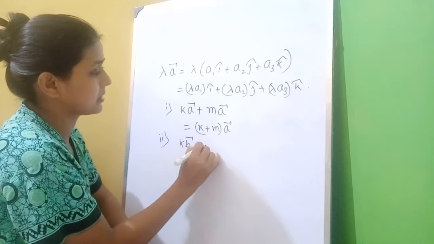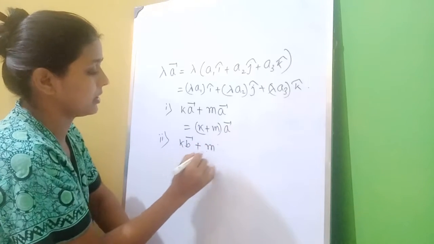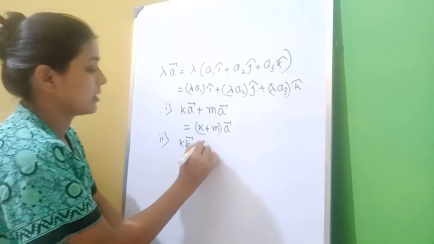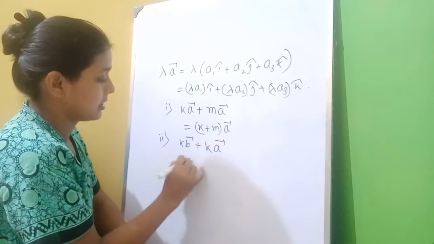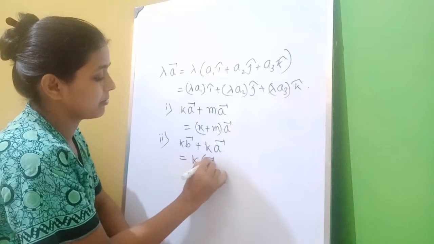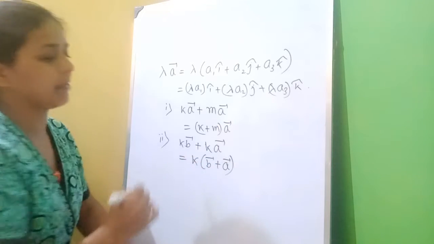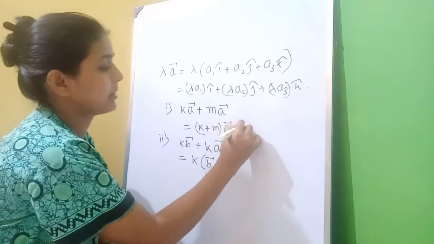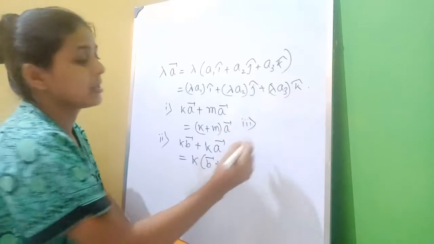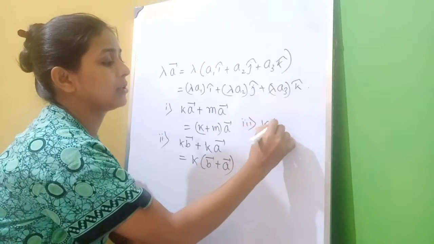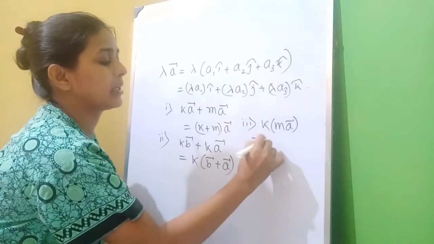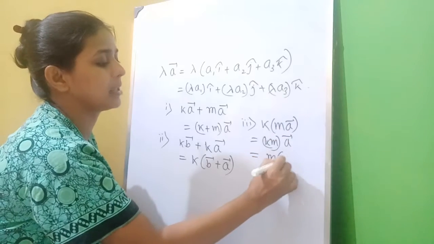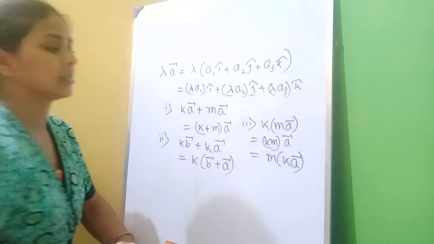Number 2: K B vector plus K A vector is equal to K into (B vector plus A vector). And number 3: suppose K into M A vector, you can write only Km into A vector, or you can write M into K A vector.